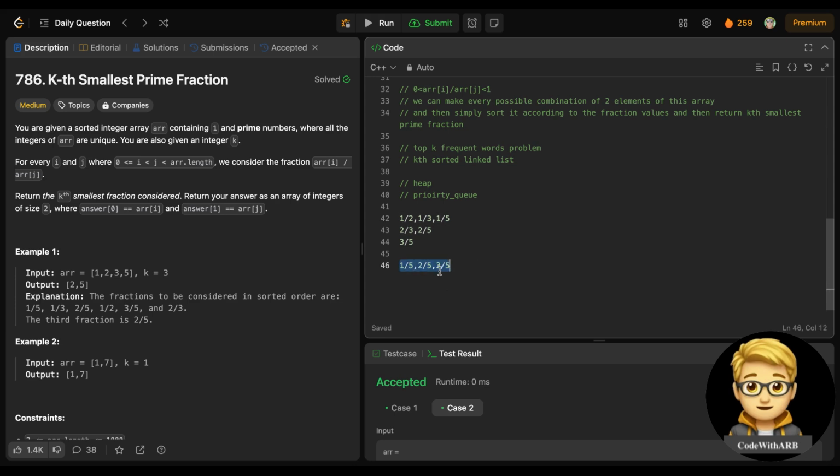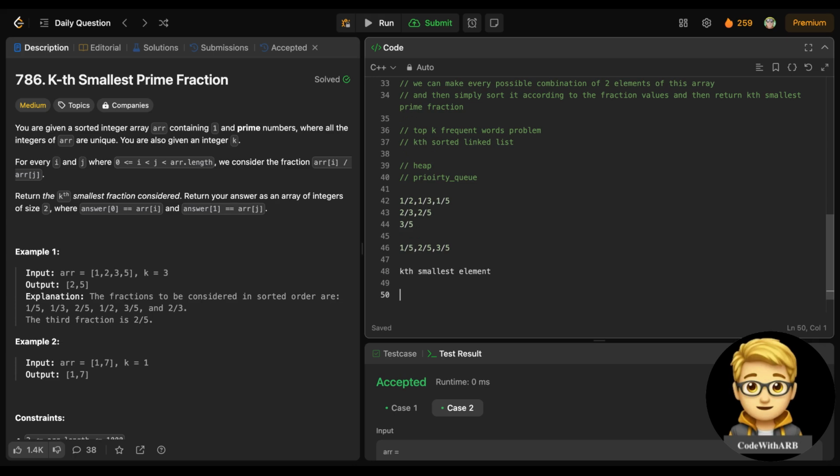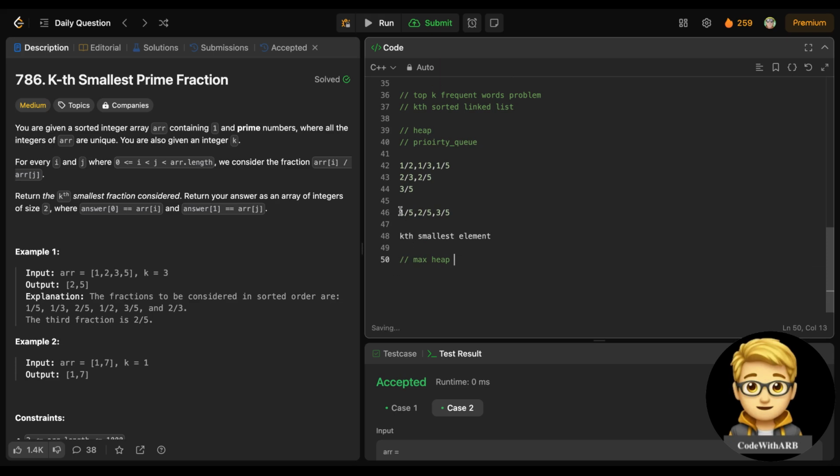I've inserted these in my priority queue, and I need to find the kth smallest element. So suppose I have taken the max heap, and in the first iteration I've inserted all of them by dividing by the maximum element in my array, right?